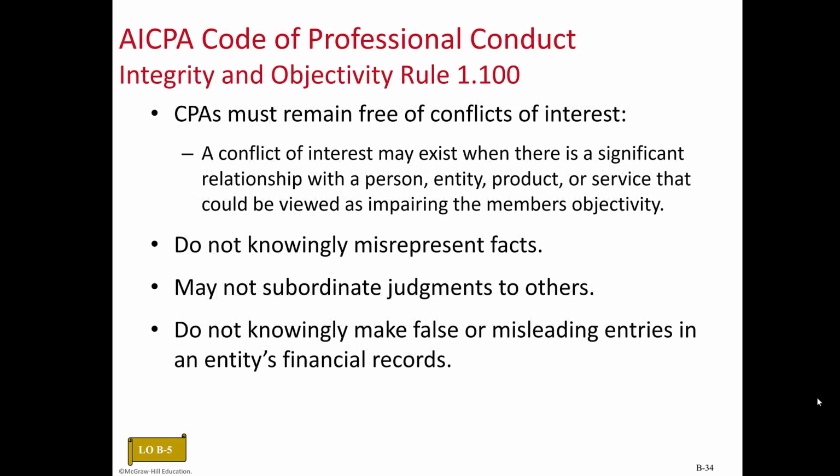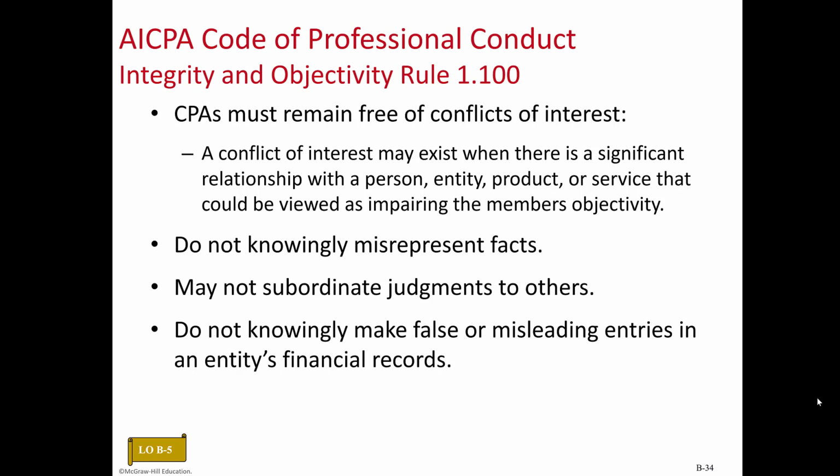So now let's move on to the AICPA's Code of Professional Conduct that deals with integrity and objectivity, which is 1.100. CPAs must remain free of conflicts of interest. A conflict of interest may exist when there is a significant relationship with a person, an entity, a product, or a service that can be viewed as impairing that member's objectivity.